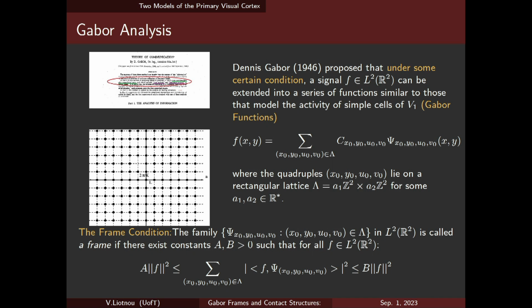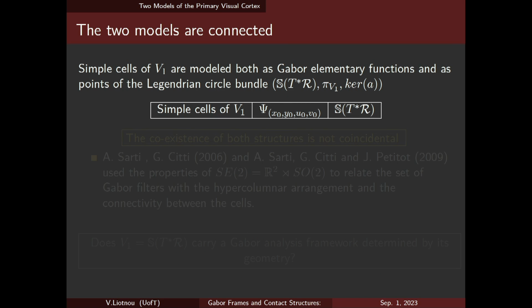Instead of an equality now, we have a double inequality, where the lower and the upper bound are sufficient for the family to be complete, but most of the time this family will be overcomplete, which is a good property for a biological system, because it means that if we drop parts of the series, then we still have the convergence that we want, as opposed to a Fourier series.